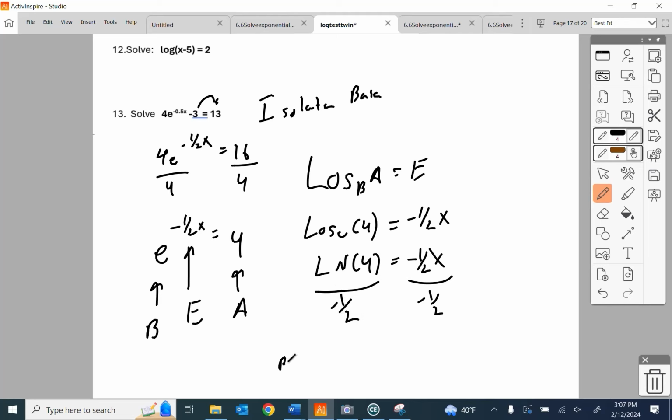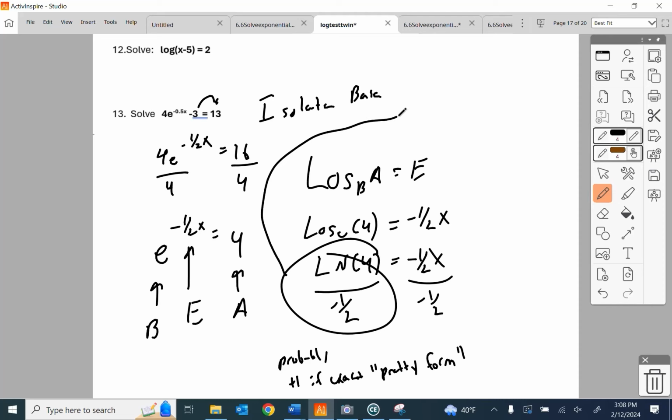Now I will probably do something like plus 1 if exact. And let's say pretty form. This right here becomes negative 2 ln 4, because you flip the fraction, change to multiplication.